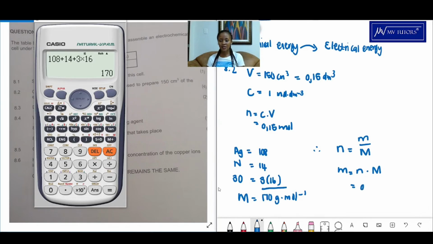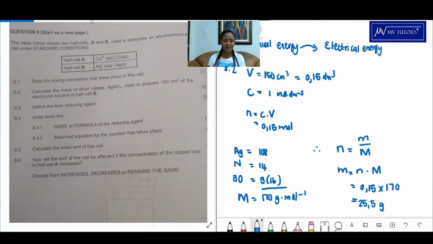The number of moles is 0.15, and the molar mass is 170 grams per mole. If we multiply these, we get the mass of silver nitrate to be 25.5 grams. Okay, so that is that.